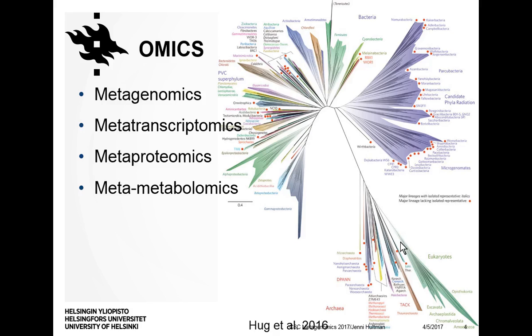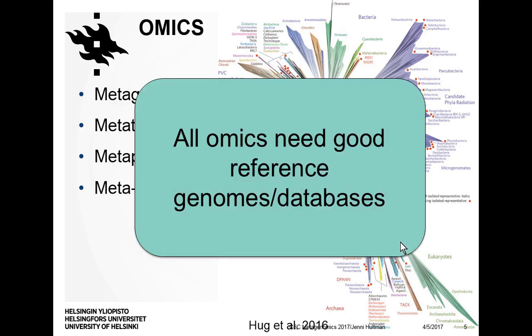And you can see that there are a lot of them in here, here, and here as well. Most of the phyla we really know and have isolates of are from human pathogens and from the human gut, as Rob was already mentioning in the morning. So there's really a need for a good reference genome database for these different omics tools.